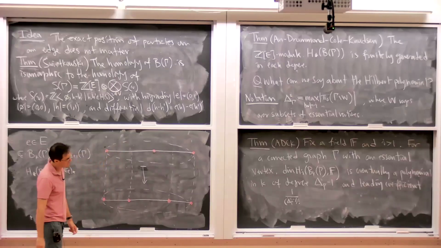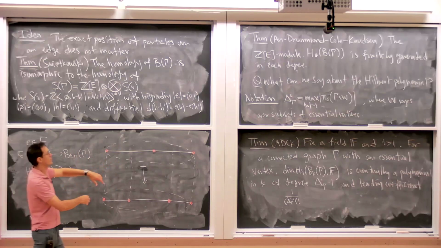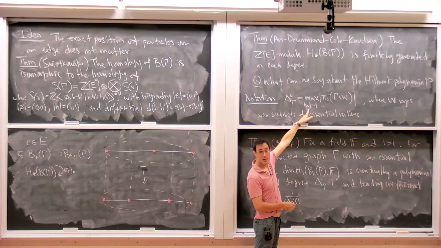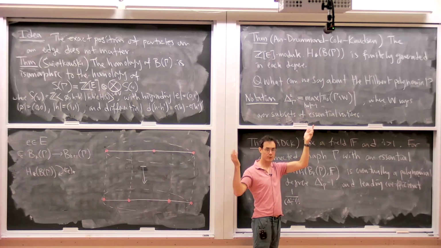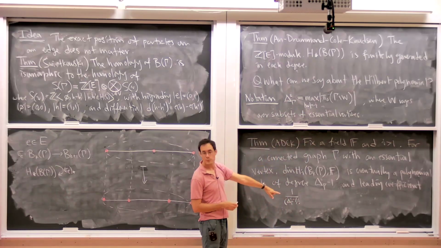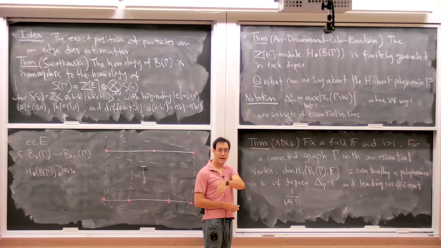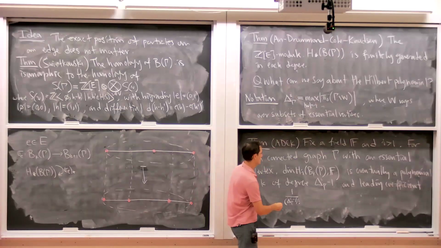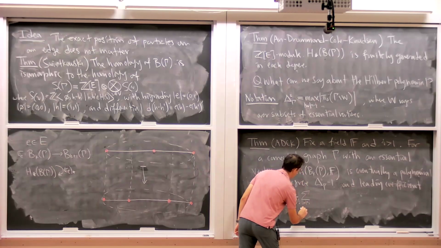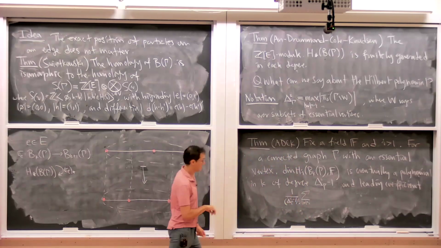And then there is a contribution for every, so remember, to calculate this delta, we look at sets of essential vertices of size I, and some of them maximize the number of connected components after removal. Those are the ones that sort of realize delta. And so there's a contribution to the leading coefficient for every one of those maximizing subsets of essential vertices. So I have to take a sum over W of size I such that, well, I'll write that in text.